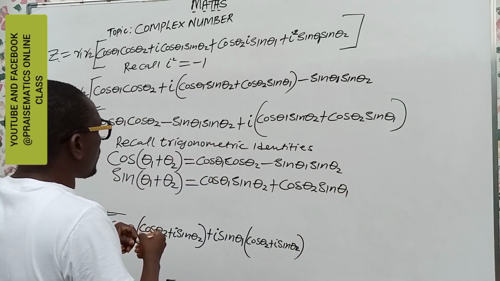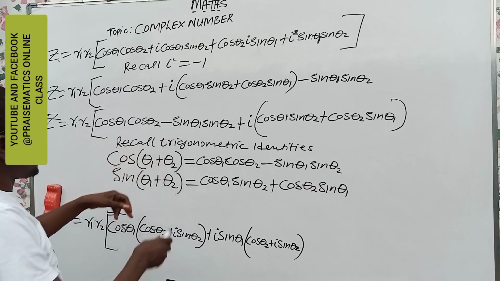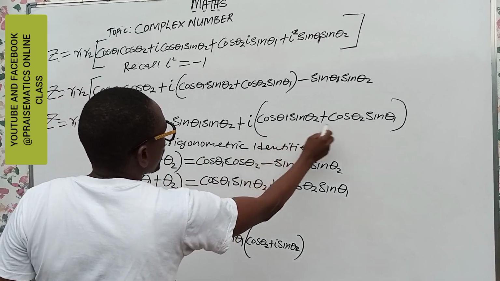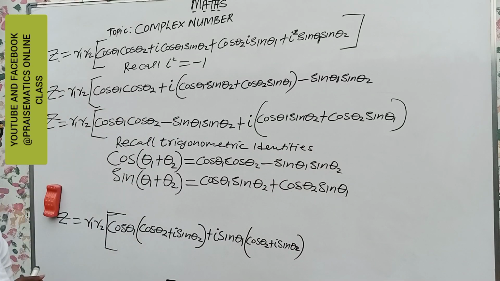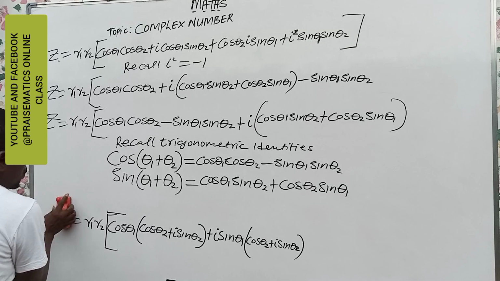So having done that, we are going to replace them in this equation. This one will be here, this one will be here. So that is how to do it. So that we replace. Okay.